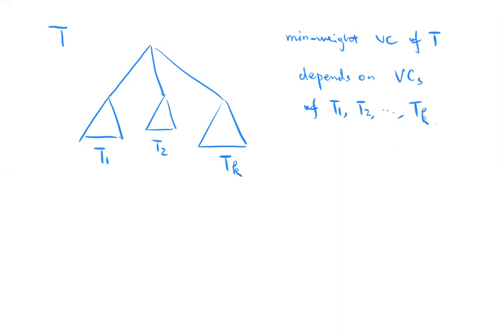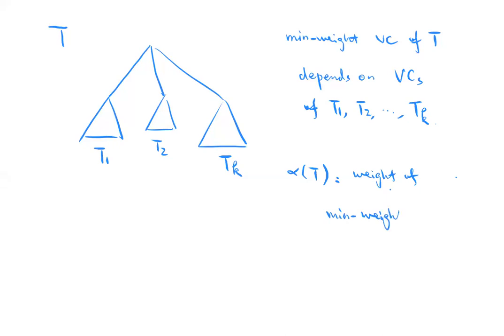So try to think about how we can do it. Perhaps you should think about it. Let's say alpha of T is defined to be the weight of the minimum weight vertex cover of T. Before I stop, I would try to do it in this way.